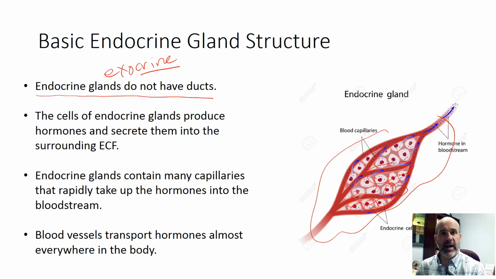So an endocrine gland is going to have a lot of small capillaries extending through it. The capillaries will pick up those hormones and carry them off further into the bloodstream, into bigger blood vessels, and then from there those hormones will travel to the rest of the body.